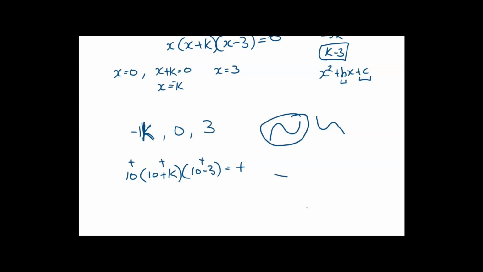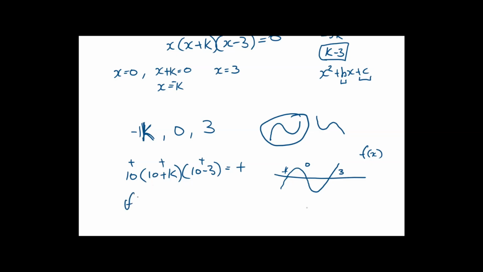So in other words, when we come to draw this, the f dash of x is going to cut at negative k there. It's going to go up, then it's going to come down again at 0, and then it's going to come up again at 3.